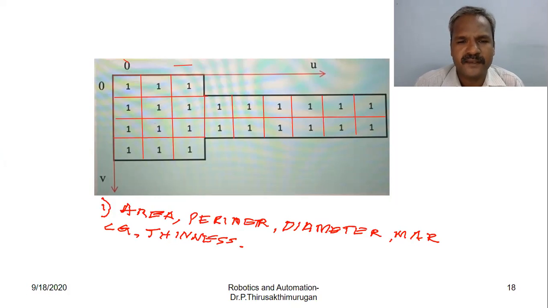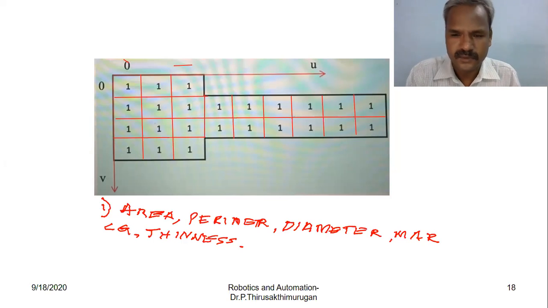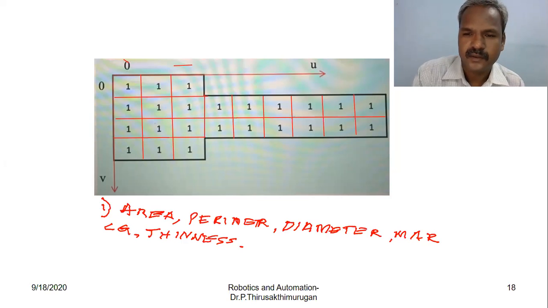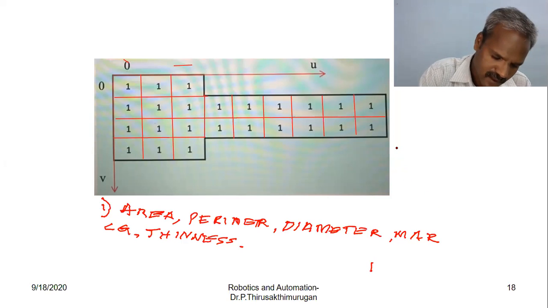Can you tell me how many pixels are highlighted in this image? 24, sir. Very good. So let us take N as the area.